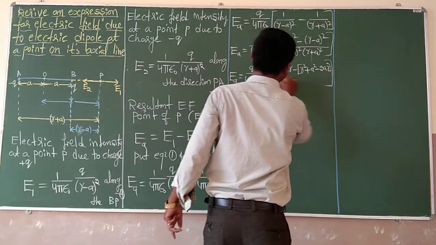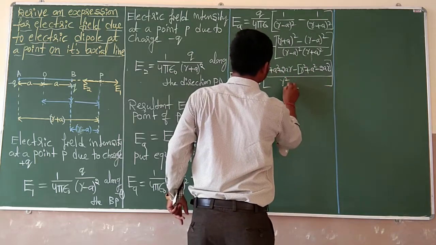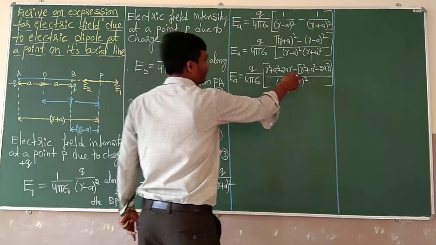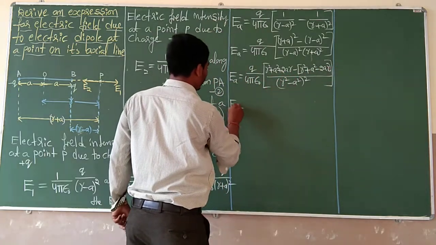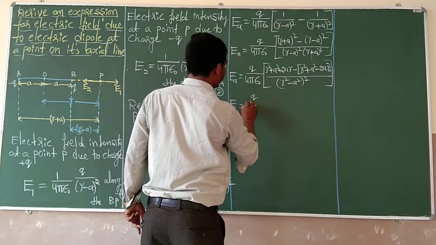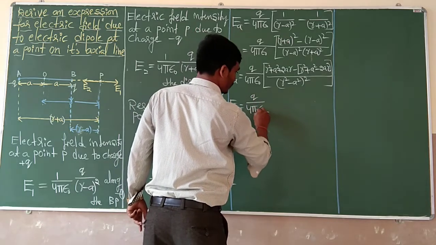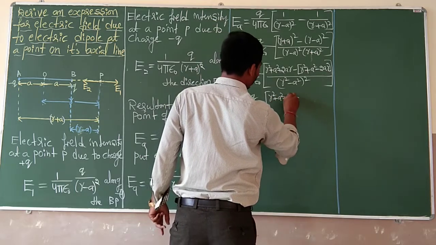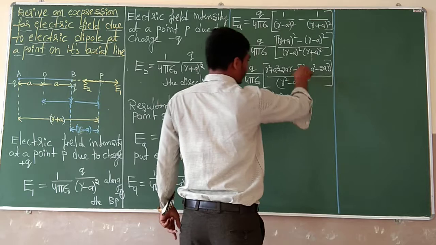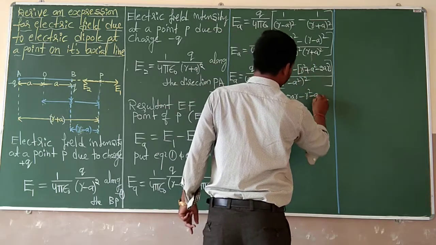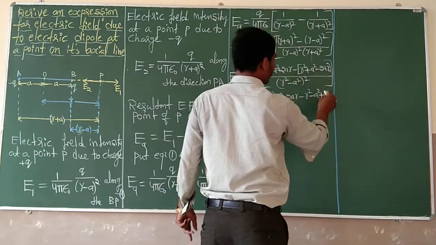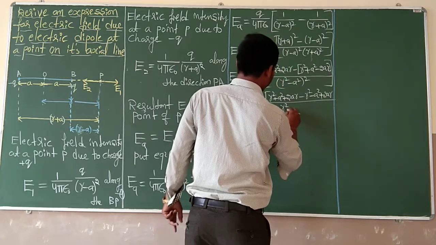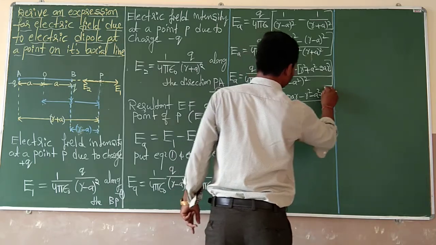In the denominator, this one we can write as (r square minus a square) whole square. Multiply the minus inside the bracket: EA is equal to Q divided by 4 pi epsilon naught, r square plus a square plus 2ar, and here multiplying r square minus a square, minus into minus becomes plus, 2ar, divided by (r square minus a square) whole square.